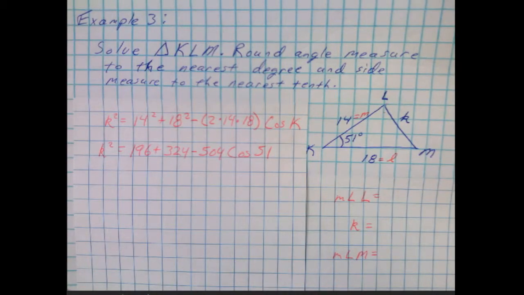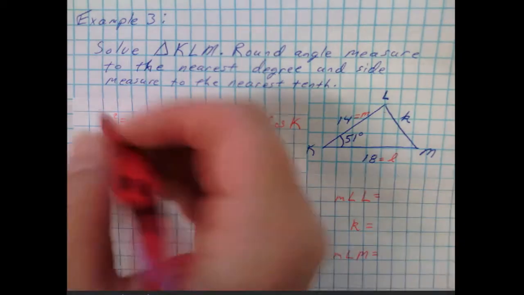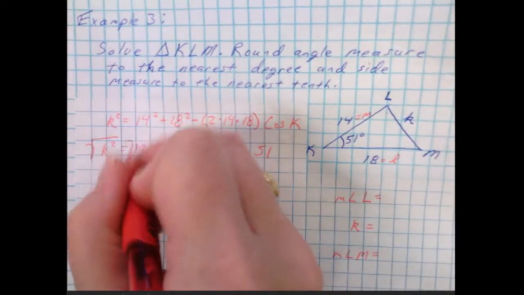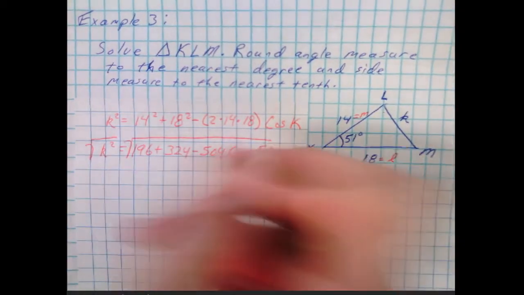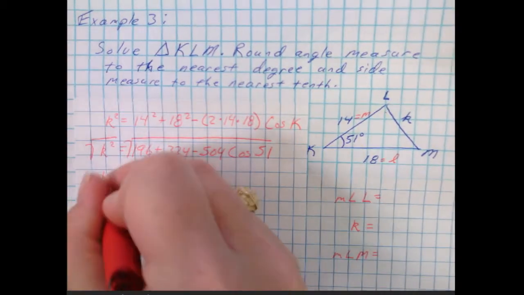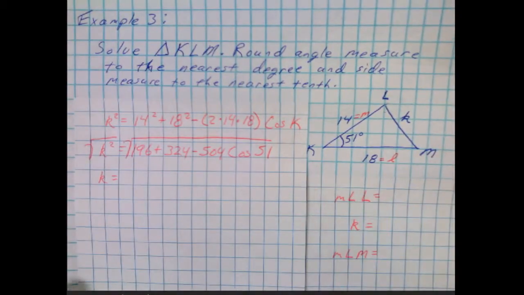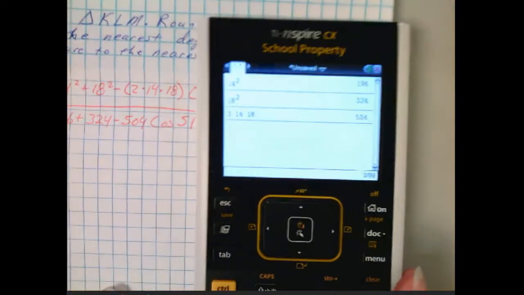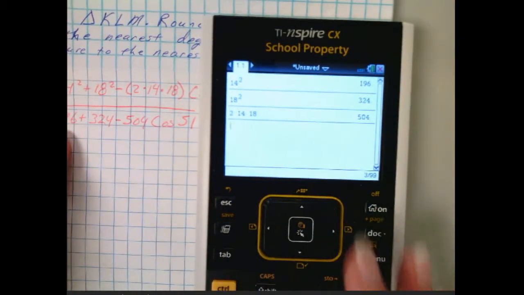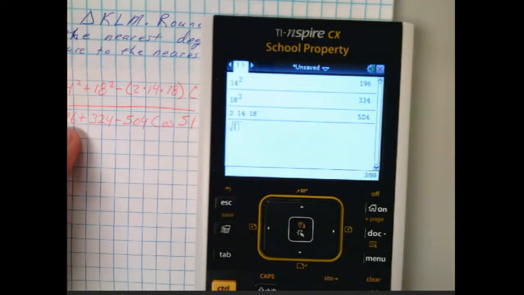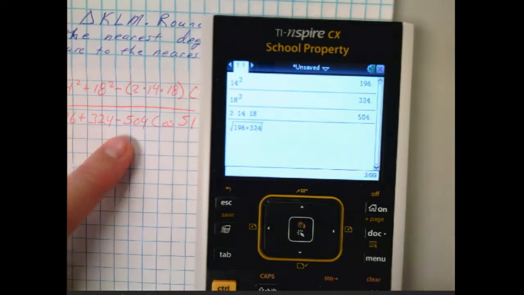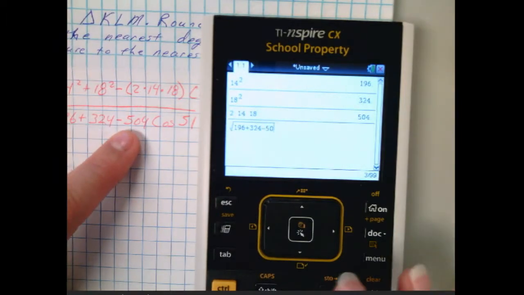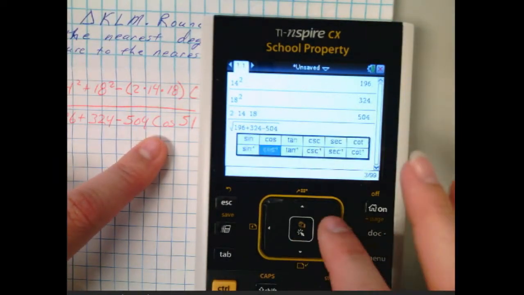Alright, so then from there, we're just going to do the square root of both sides because we want K by itself. So K equals, so I'm just going to bring my calculator up here, and I'm just going to punch all of this in. So first we're going to start out with our square root, and then we have 196 plus the 324 minus the 504 cosine.